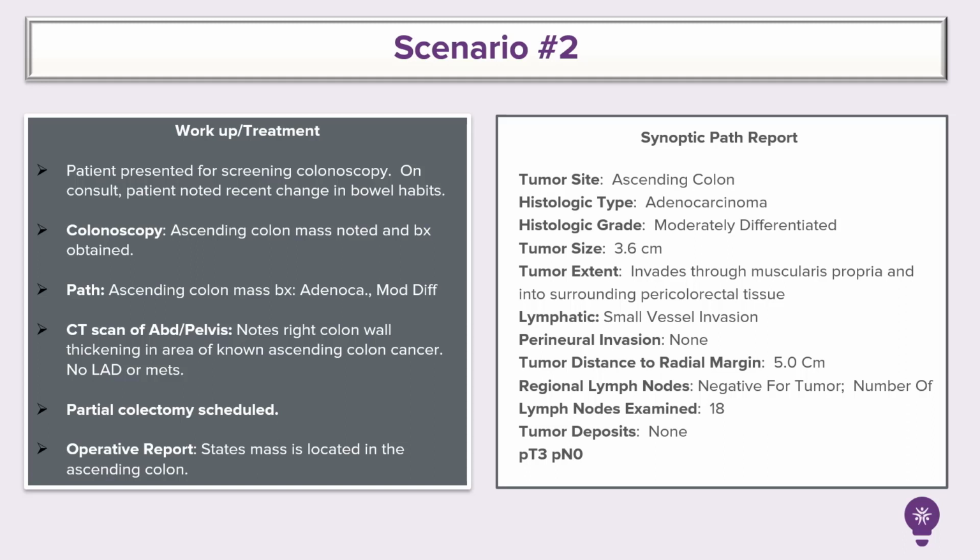Op report note states that there's a mass located in the ascending colon. Then we have our path report. There's a 3.6 centimeter moderately differentiated adenocarcinoma in the ascending colon. This is invading through the muscularis propria and into the surrounding pericolorectal tissues with small vessel invasion and no lymph nodes or tumor deposits.